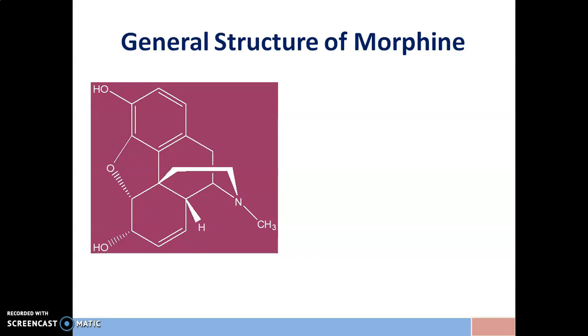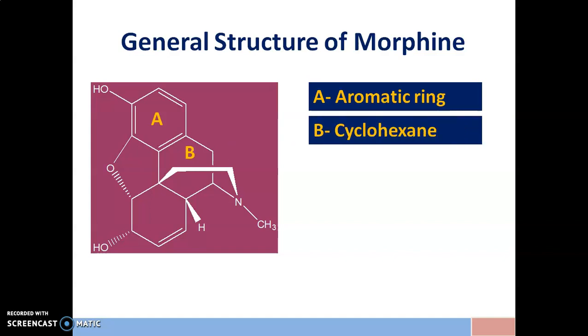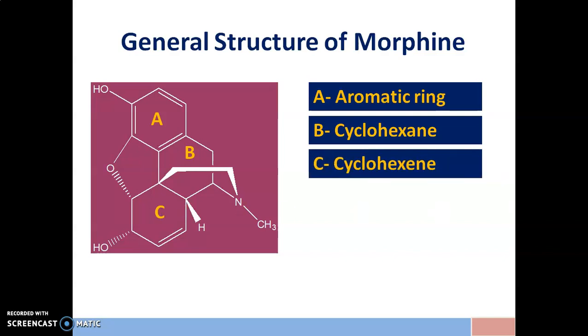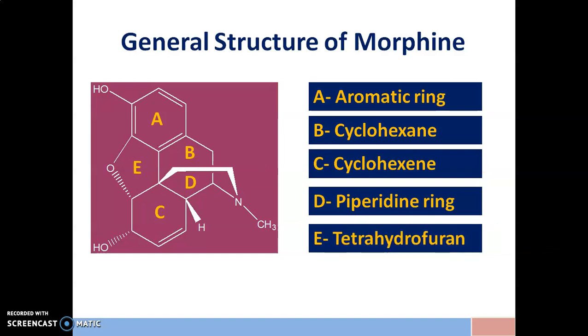Now let us discuss the general structure of morphine. It consists of A ring, which is an aromatic ring, then B ring, which is a cyclohexane ring, C ring, which is a cyclohexene ring, D ring, which is a piperidine ring, and ring E, that is a tetrahydrofuran ring.